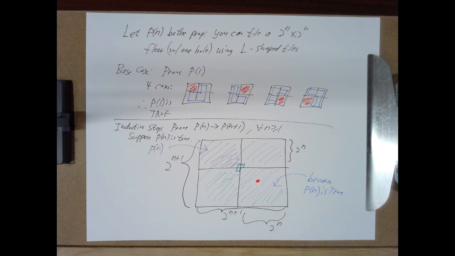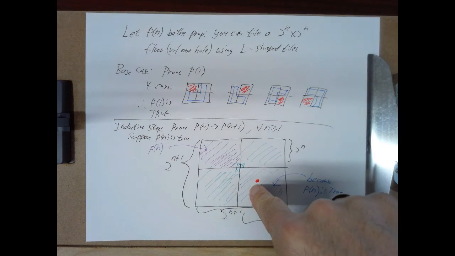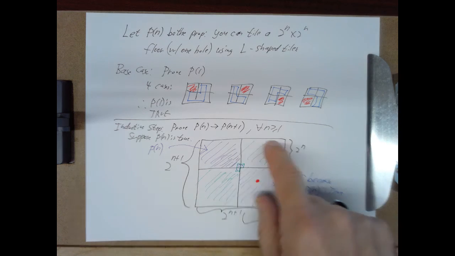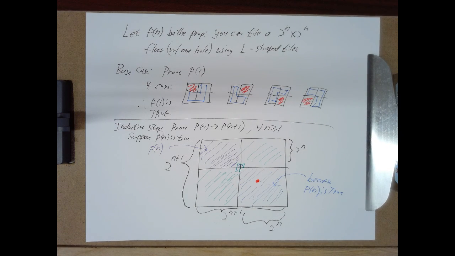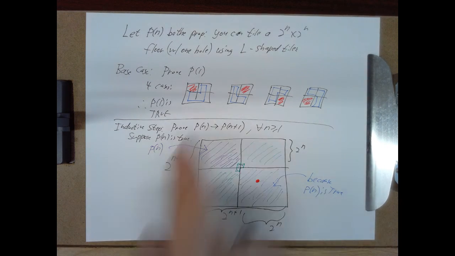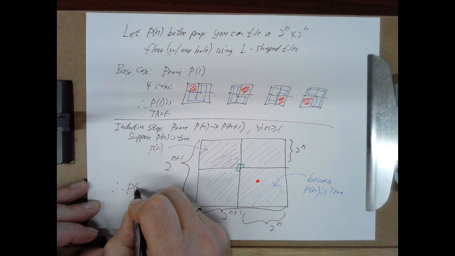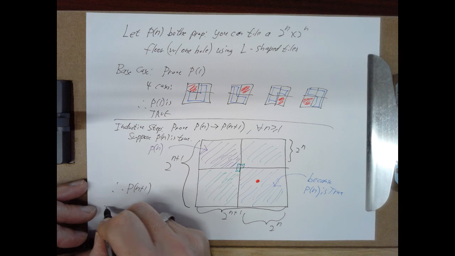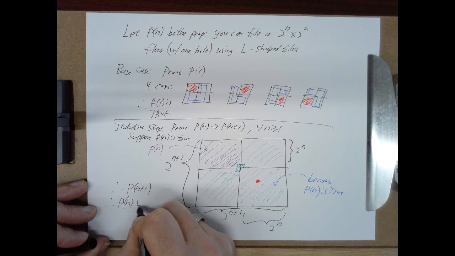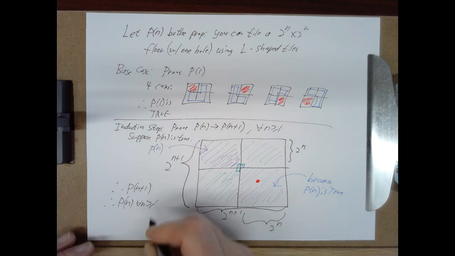And the fact that we started by assuming the real hole was in this quadrant has nothing to do with this proof. If it's in another quadrant, we just do the same thing, but we pop a hole in the corner of those 3. So it's 4 cases to work with, but basically in any of those cases, we can tile the 2 to the n plus 1 region. Therefore, P of n plus 1. Therefore, P of n for all n bigger than or equal to 1.